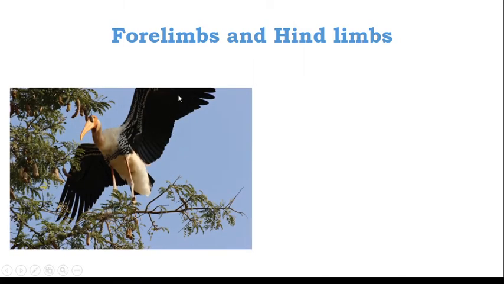The next adaptation is the forelimbs and the hind limbs. The forelimbs are modified into wings. Wings consist of bones, muscles and feathers. These wings have a long surface area. It supports the bird in the air.